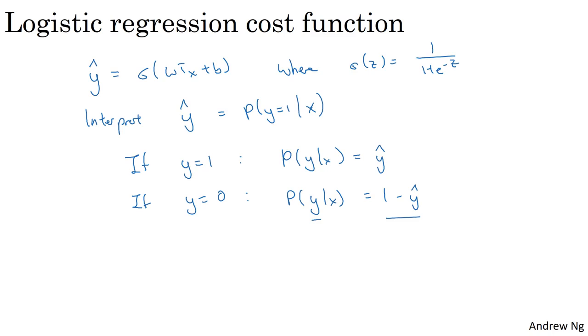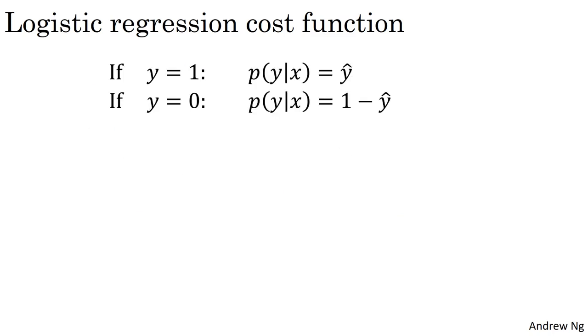So let me take these last two equations and just copy them to the next slide. I'm going to take these two equations, which basically define p of y given x for the two cases of y equals 0 or y equals 1, and summarize them into a single equation.